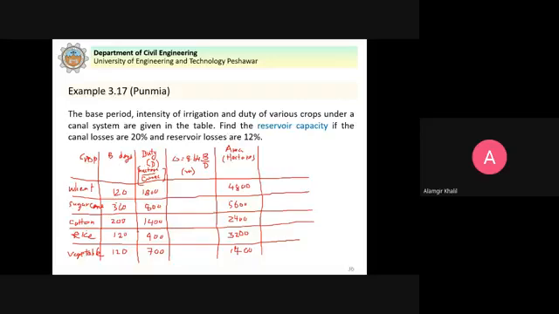So you can see for the crops B and D are given, we can calculate this delta. So this will be equal to 0.576 for wheat. Then for sugar cane, it is 3.890.